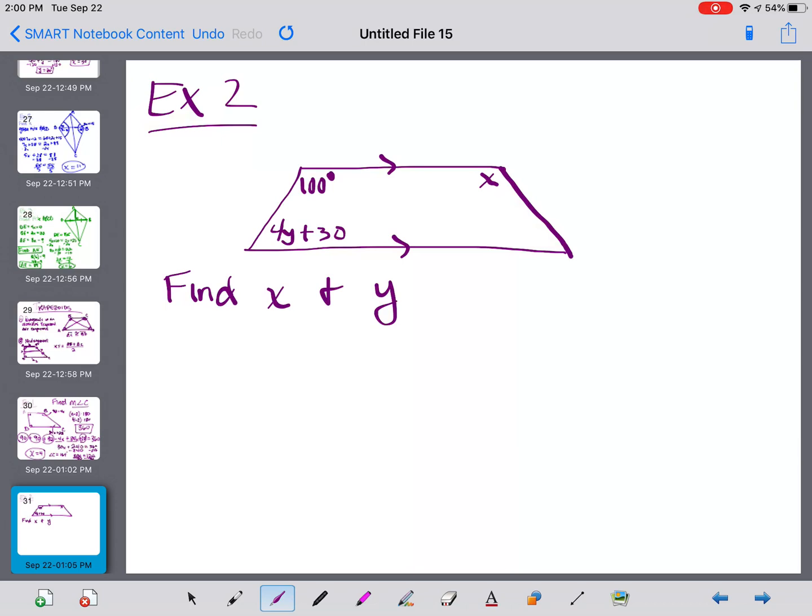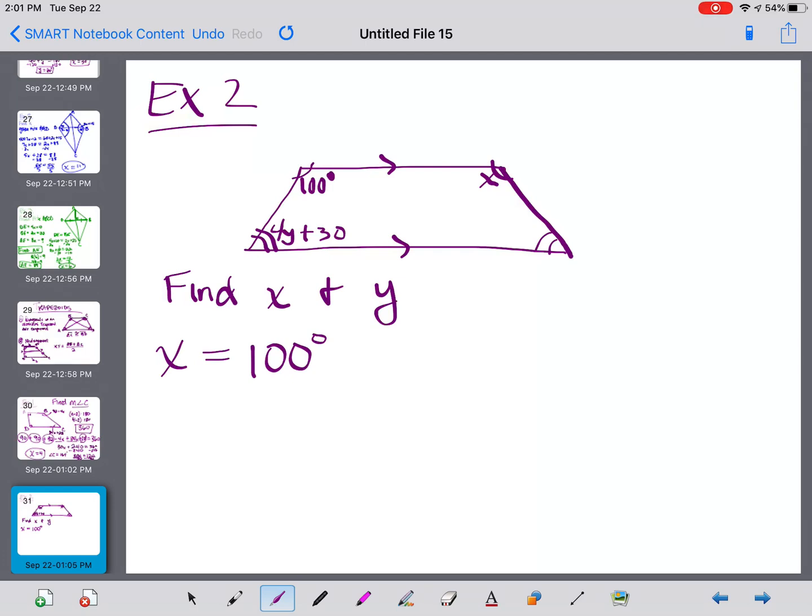Okay, in this trapezoid, if we know that these are parallel, we know this represents an isosceles trapezoid, where these top angles are equal. So that means x is equal to 100 degrees. We know that the base angles are also equal, and if we add up all four angles, they add up to 360 degrees.